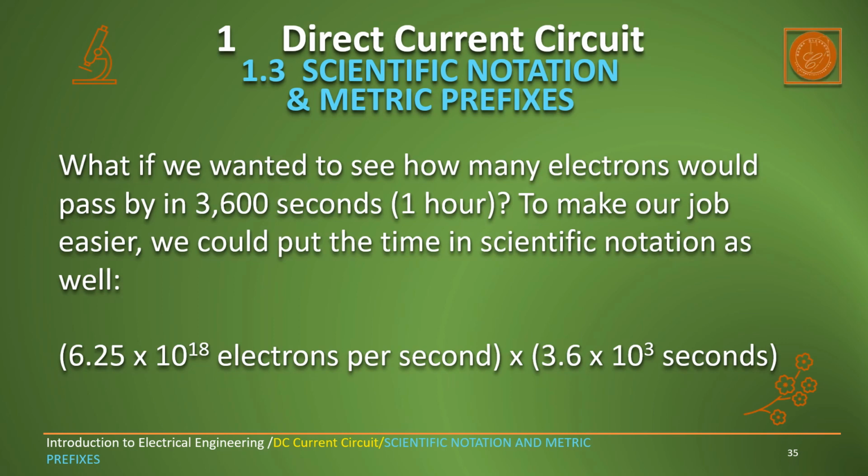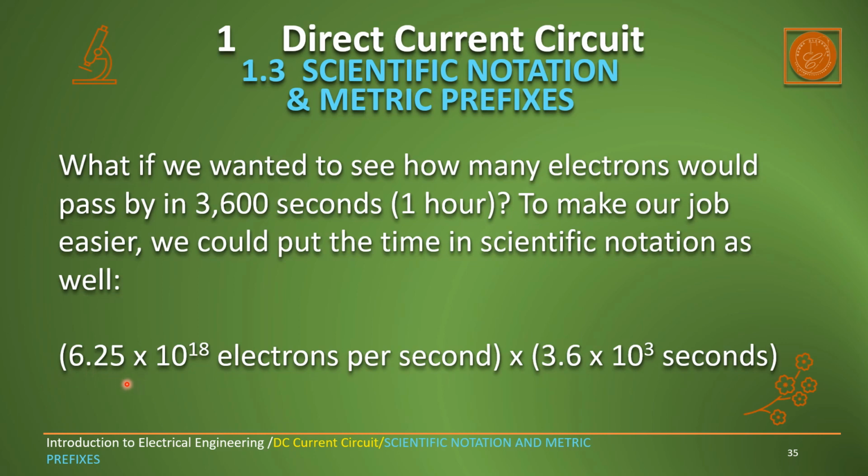What if we wanted to see how many electrons would pass by in 3,600 seconds? It means it's 1 hour. To make our job easier, we could put the time in scientific notation as well.